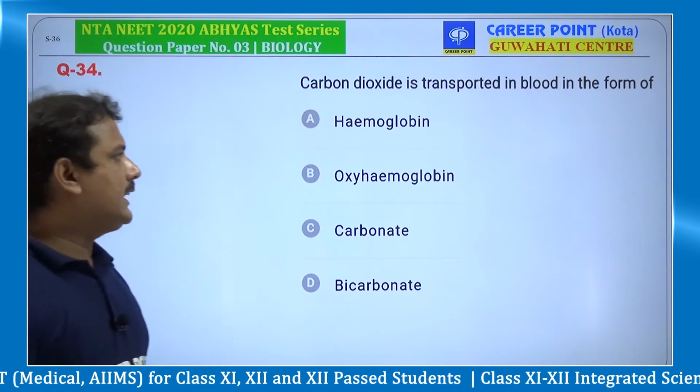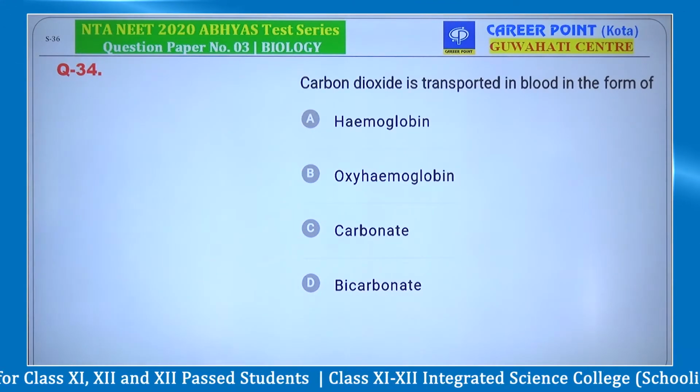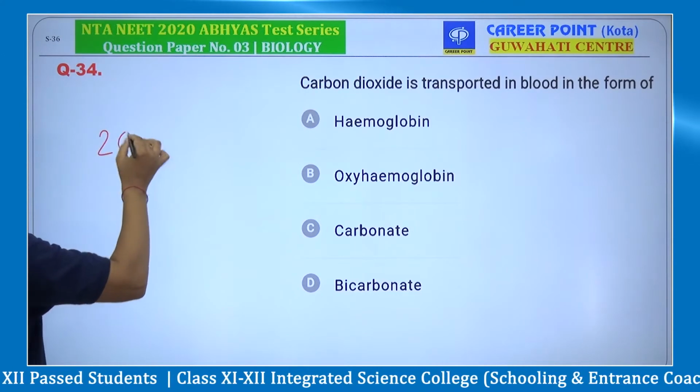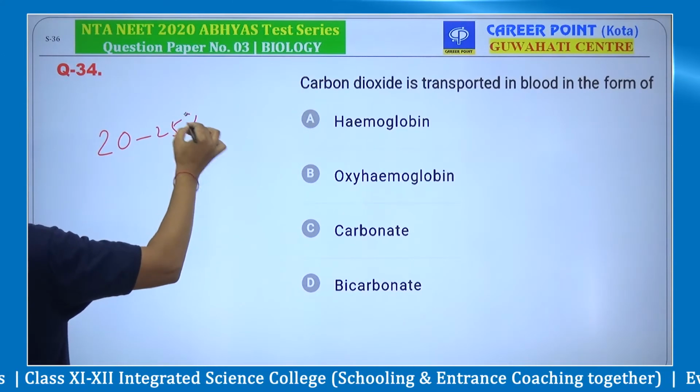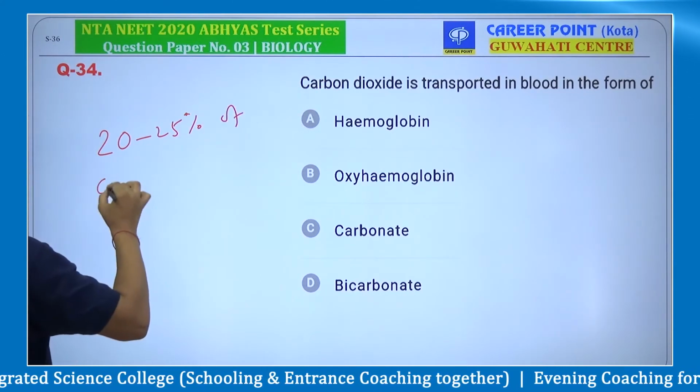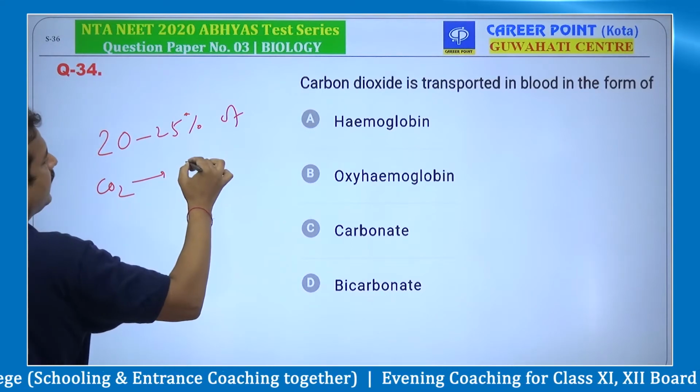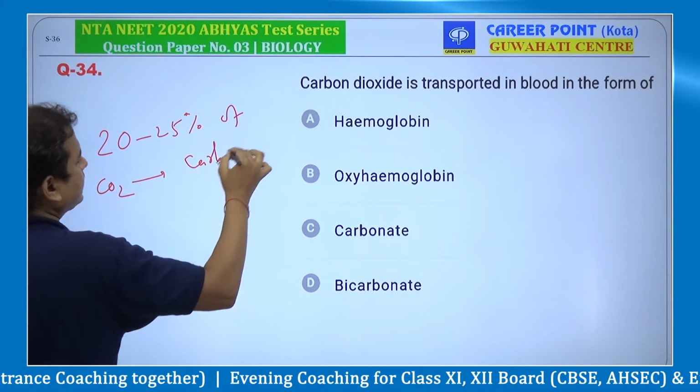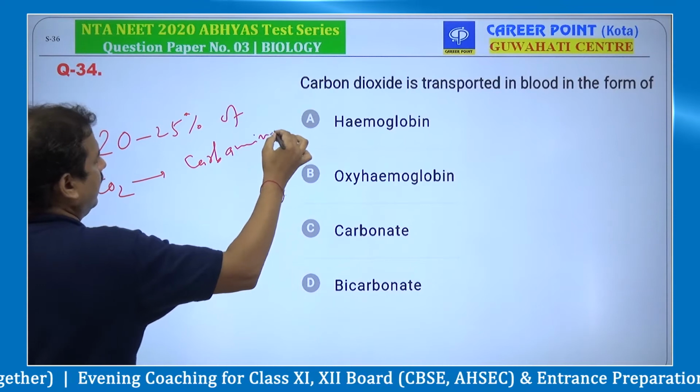Carbon dioxide is transported in blood in the form of: 20 to 25% of carbon dioxide is carried by hemoglobin as carbaminohemoglobin.